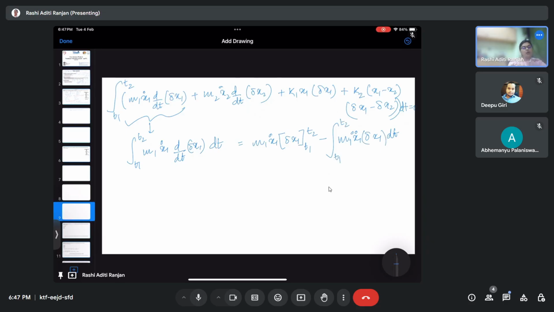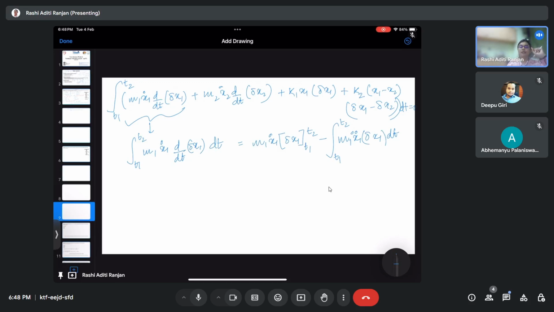Okay. Now, if you remember the lecture wherein this was discussed about the Hamilton's principle, then you know that the variation delta x1 is what? It's the variation, right, from the path. So it is considered that this variation at the end points is equal to 0, right?